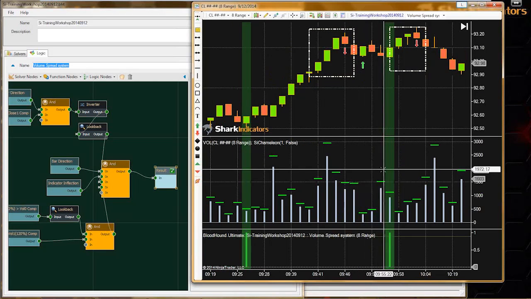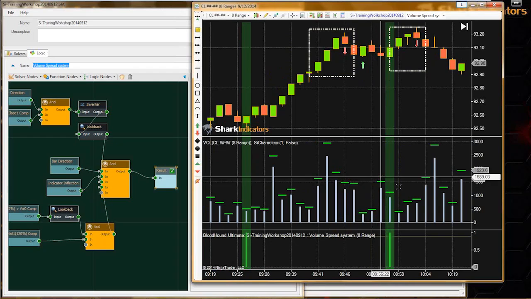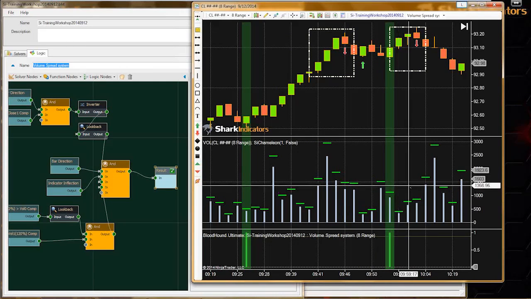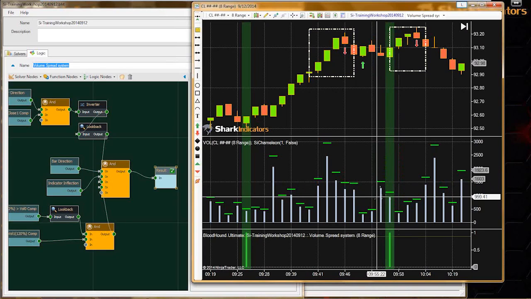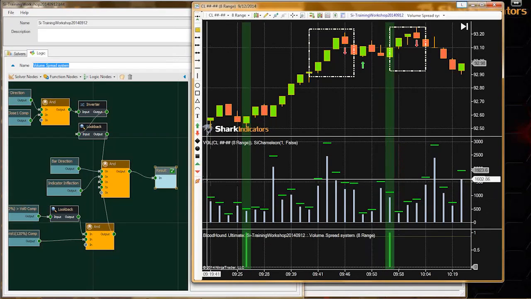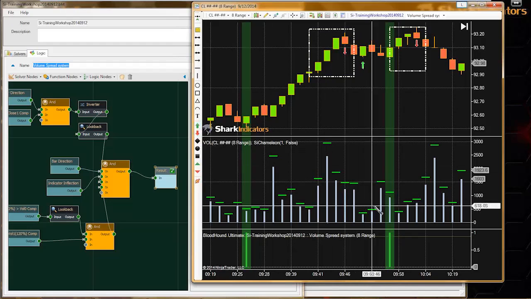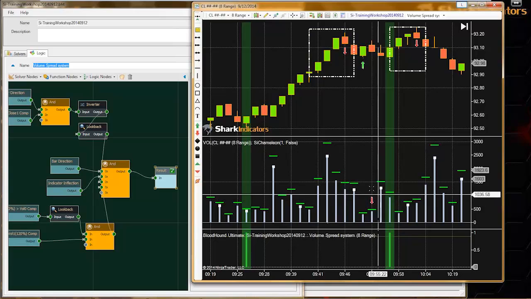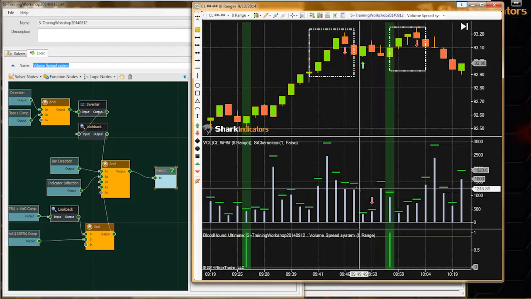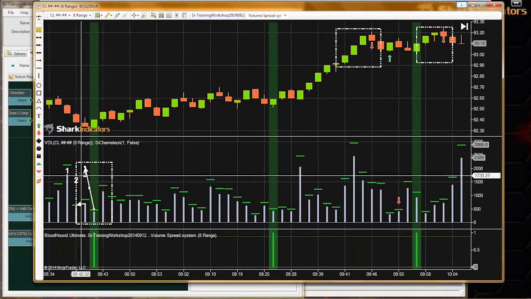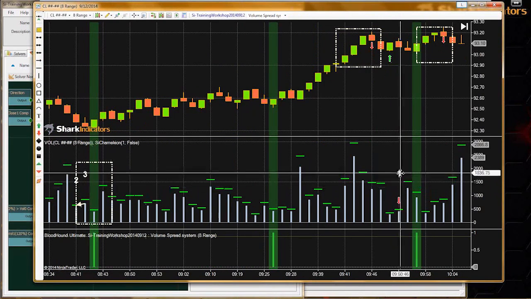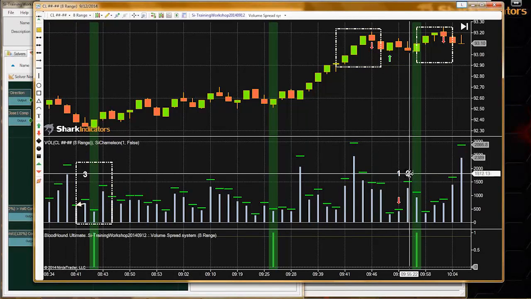Yeah. All right. So we got some quirk in our system. So let's figure out what's going wrong here. All right. So this volume bar is definitely smaller than the second volume bar. So let me move these numbers over here.